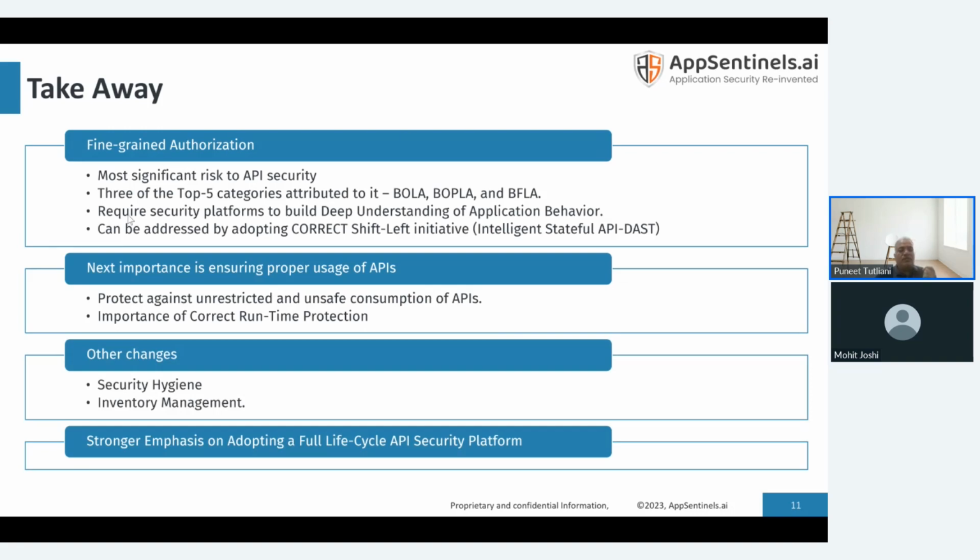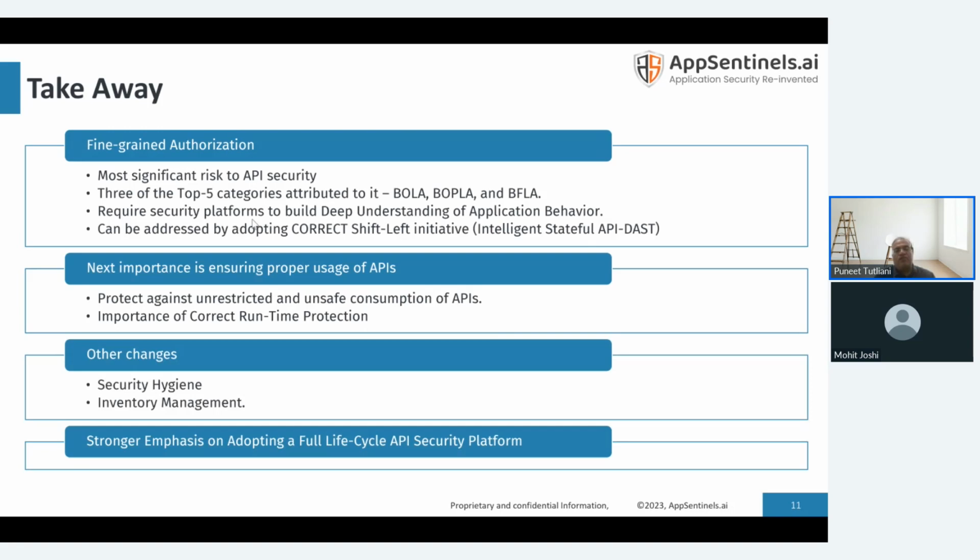Next, organizations should adopt a platform which builds a deep understanding of the application, because to protect against fine-grained authorization issues, a platform should understand what the application is doing in the first place.